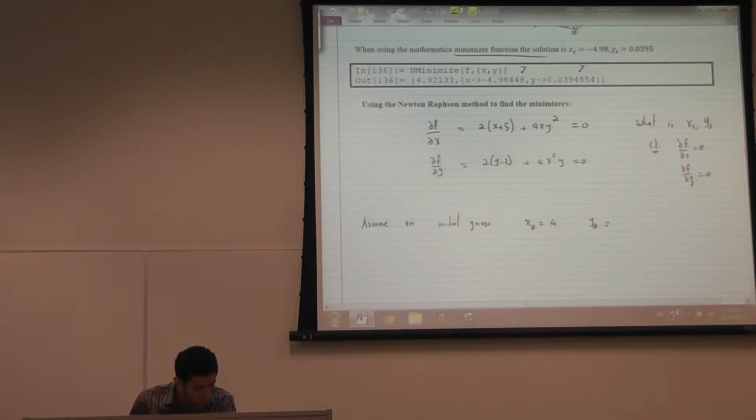The initial guess I assumed here was 4 and 0. Let's call this G1 of x and y, and this G2 of x and y.